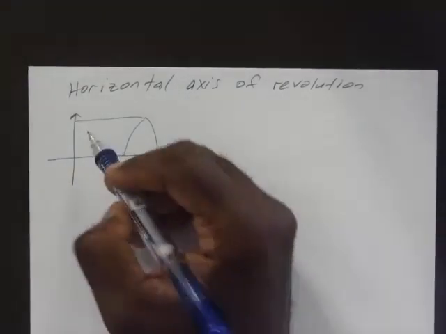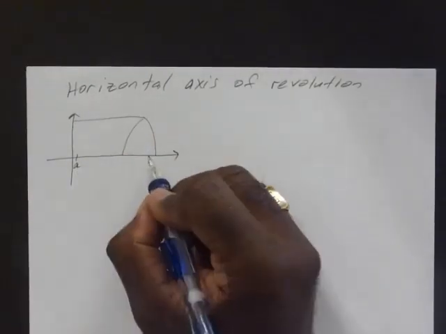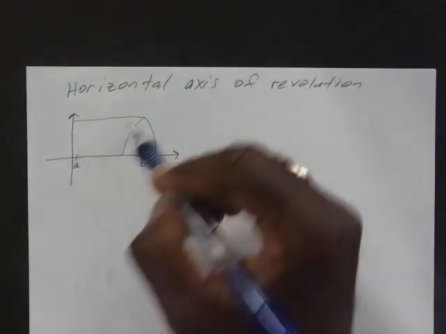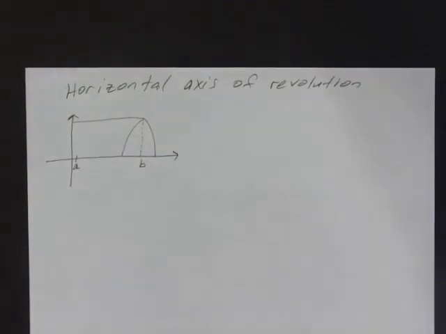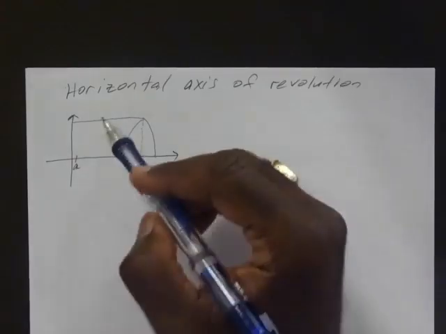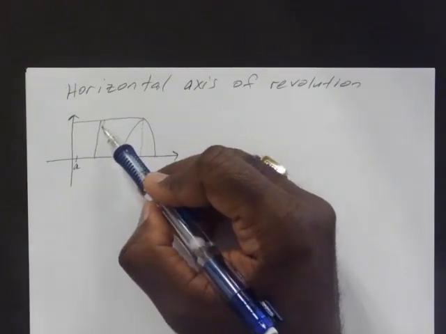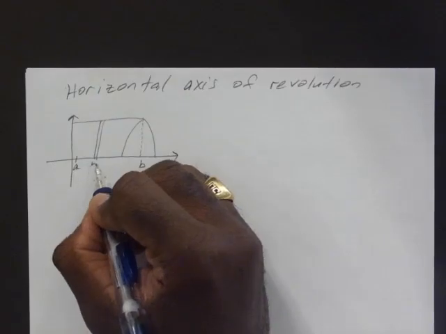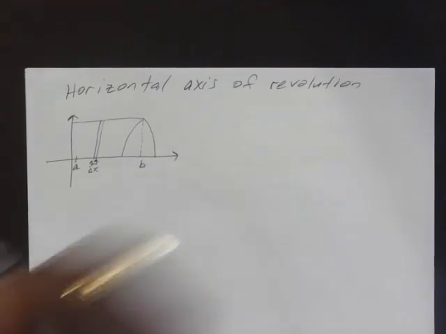Let's say we're just looking at some interval between a and b, where the width of all of your disks inside of there is just your delta x.